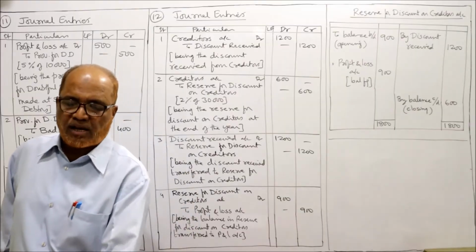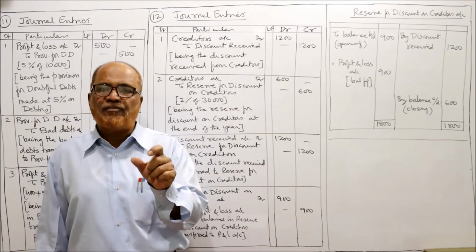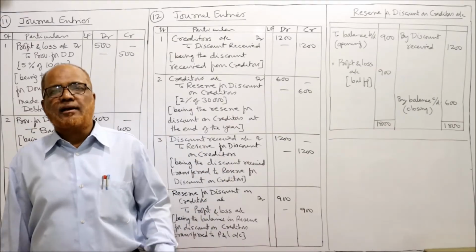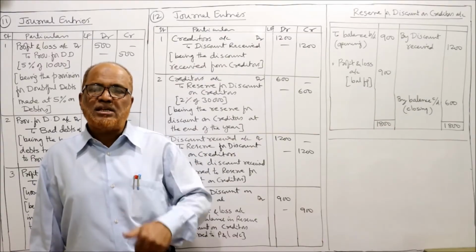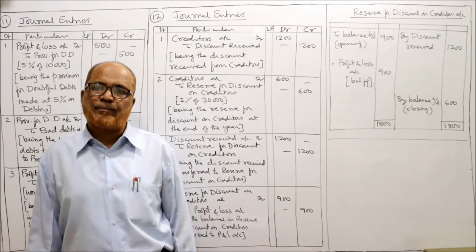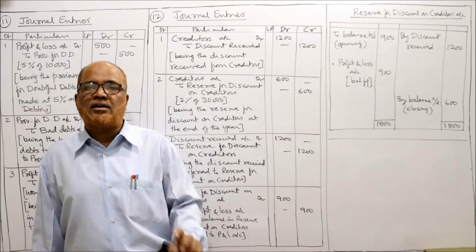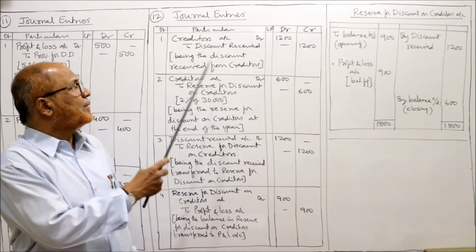In this problem, it is asking you to pass the journal entries and also prepare the reserve for discount on creditors account. Just like we can give discount to debtors, we may receive discount from creditors, from the suppliers. So the reserve for discount on creditors is a gain, an expected gain. Now see the journal entry.